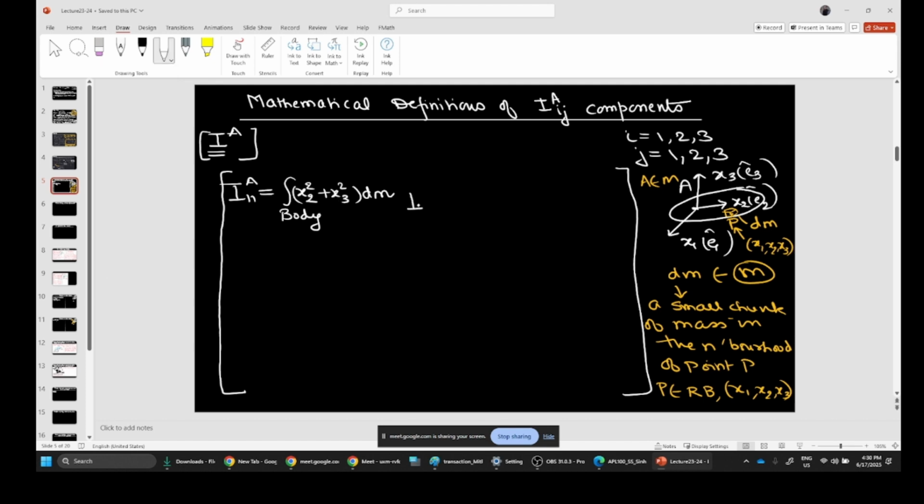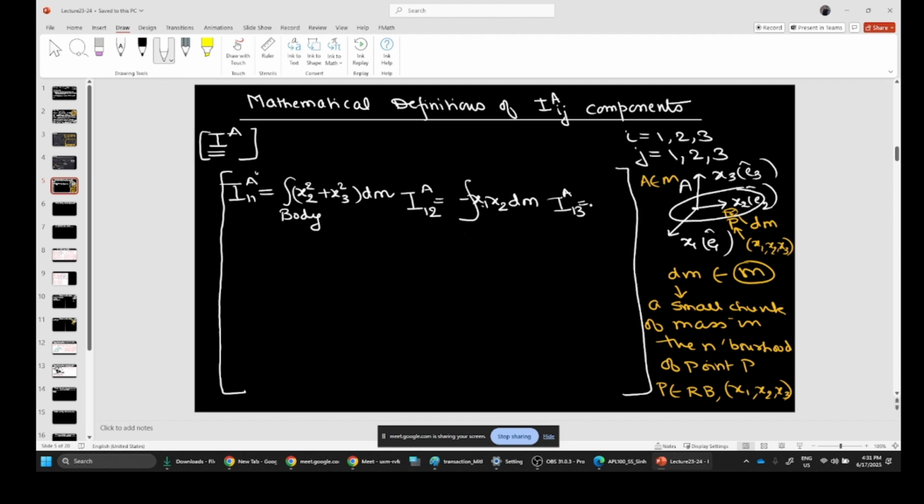Now let's go to IA12. IA12 is this. I'm not going to put the word body everywhere. It is implied that the integration is over the body. This is IA12. So this is the first scalar component, second scalar component here. IA13, what is IA13?